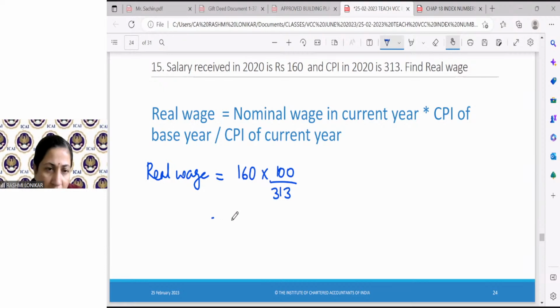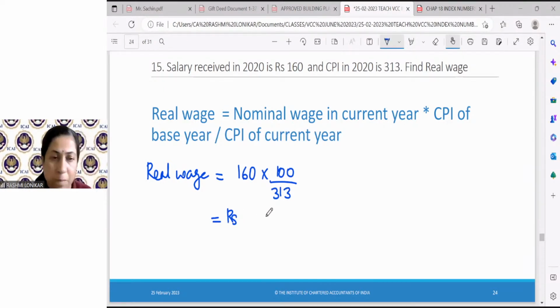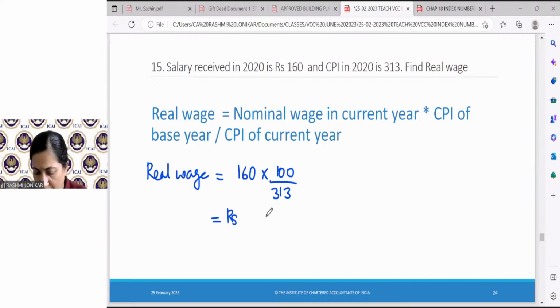So what is the real wage? Can anybody tell me? Yes, Lisa, Pramod, very good. Rupees 51.12.